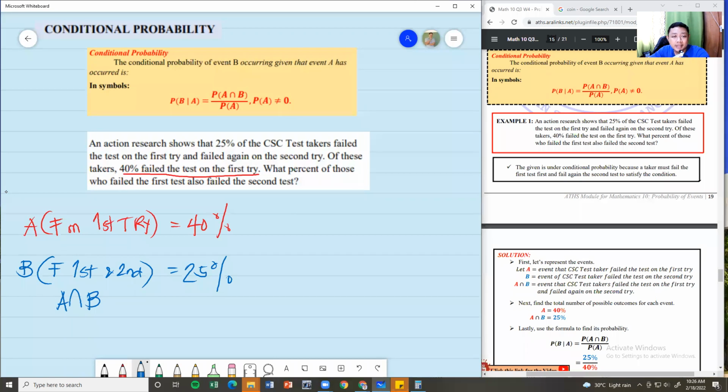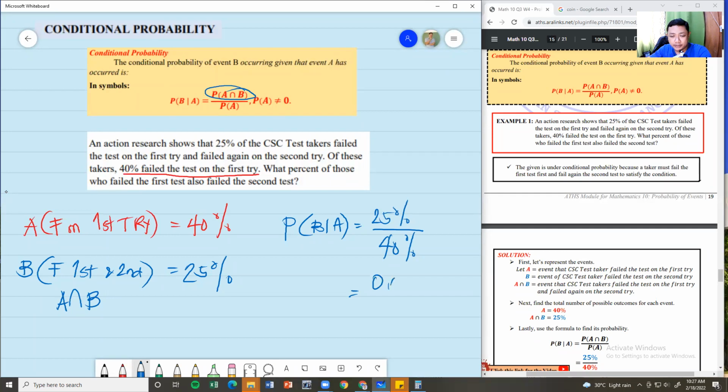Our formula says P of B given A is equal to, of course, 25% or 0.25, the one with the two conditions, over the simple event for the denominator, and that is 40%. After that, all you have to do is divide them, expressing them first in decimal format.